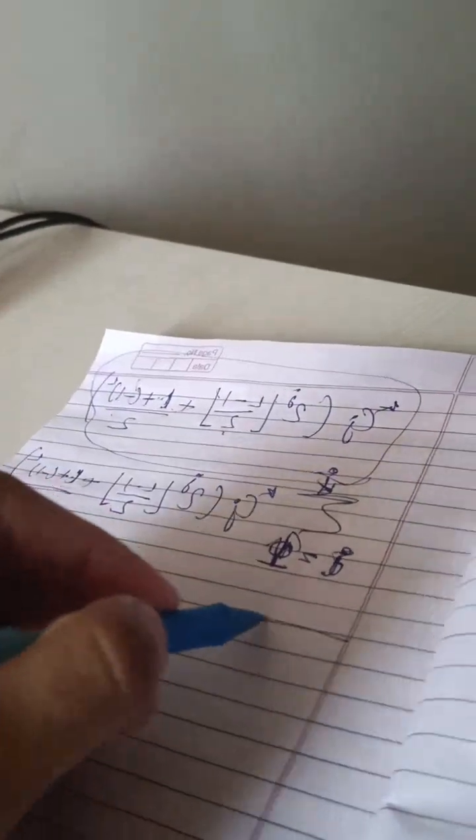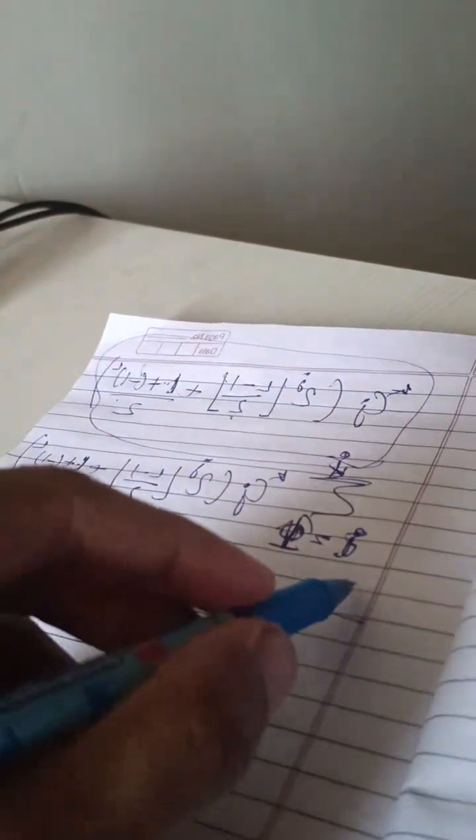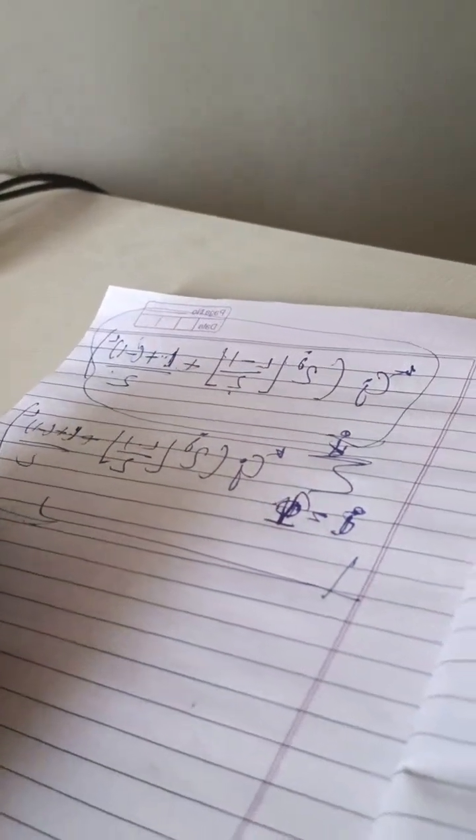There you go. This is the number of ways a j queen can move from the center.